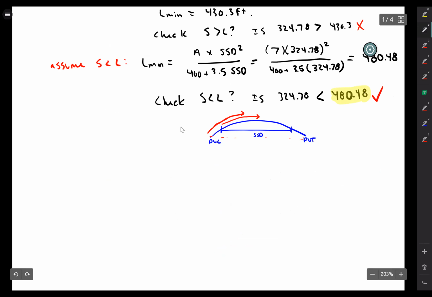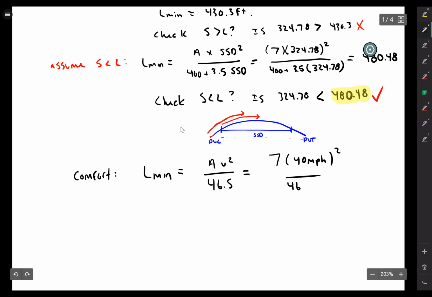So the first, for comfort, we have L min equal to A times U squared over 46.5. So 7 times 40 miles an hour squared over 46.5, and that equals 240.86 feet.